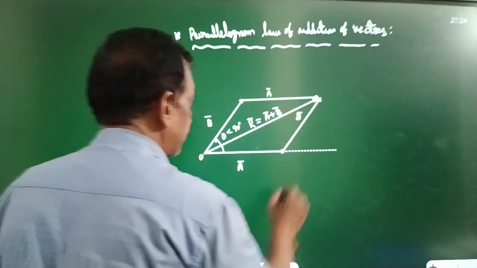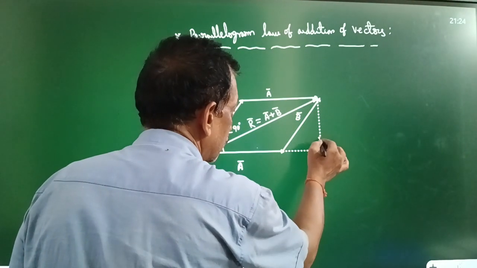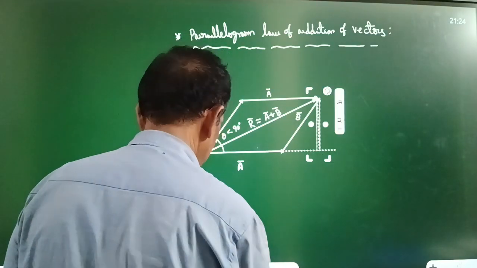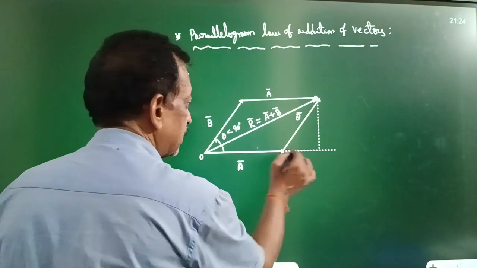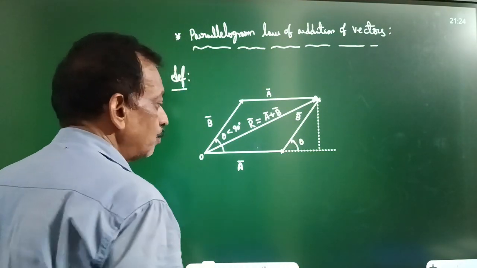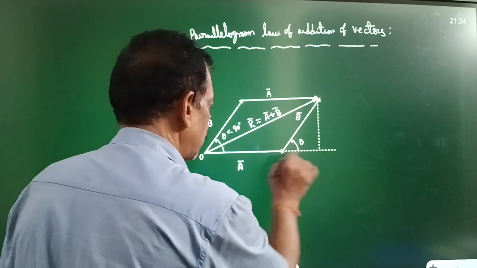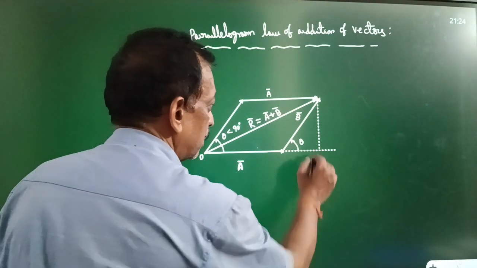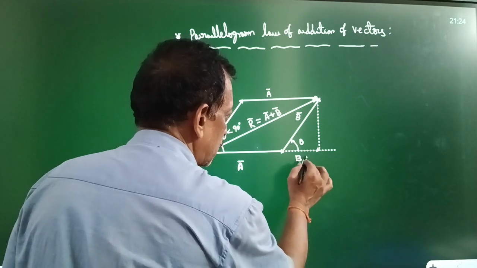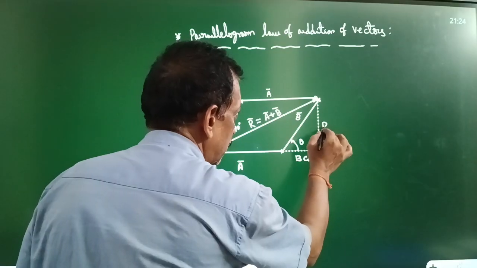Again, project vertically downward. So whatever the angle is, the same angle theta. By resolving the B vector on the extended A vector, we are getting B cos theta in magnitude, and the other one is B sin theta.